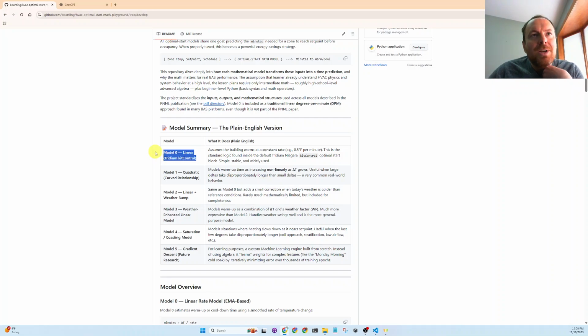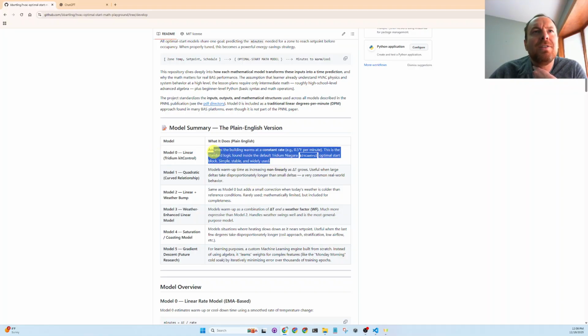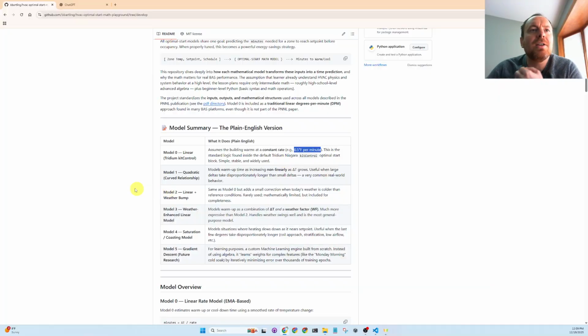So I thought it might even be cool to maybe enhance the Vibe Coder repo, the model 0. It's basically the same thing as the linear model with a degree per minute, but it's actually factoring in outside air temperature as a ratio to add on some extra minutes. So it's kind of interesting.